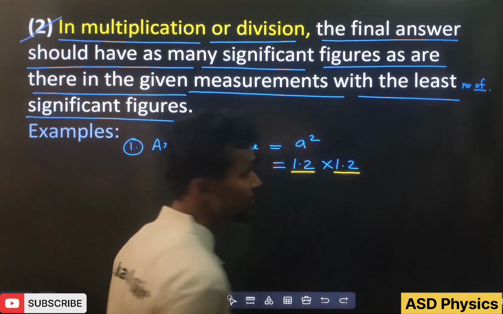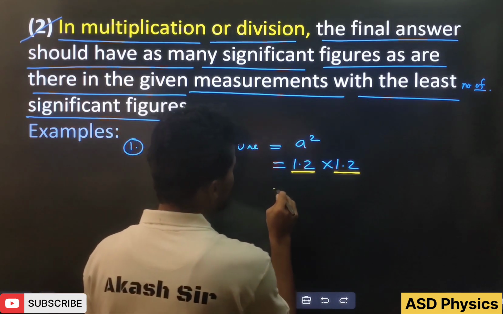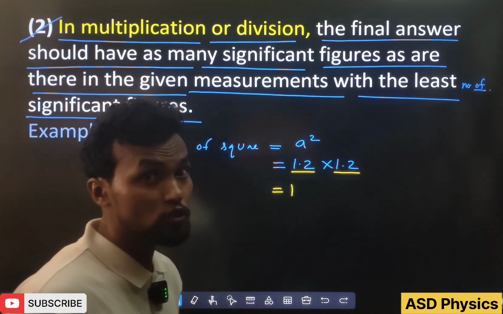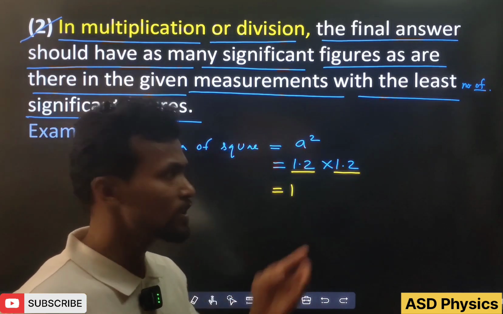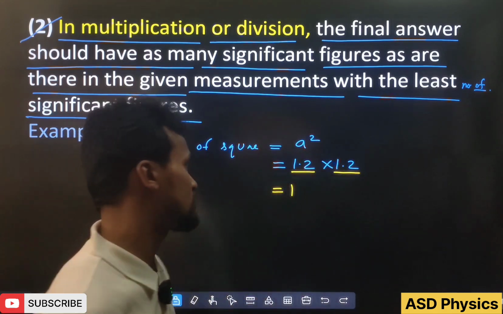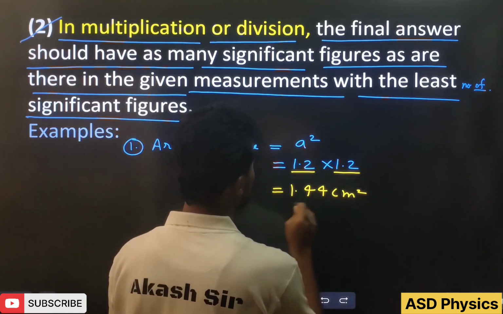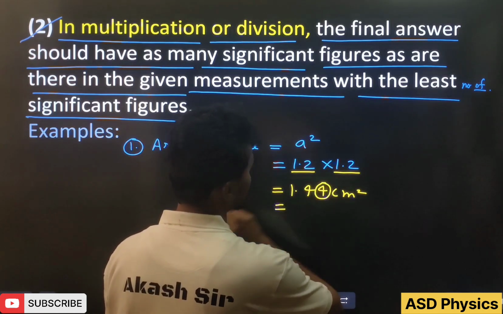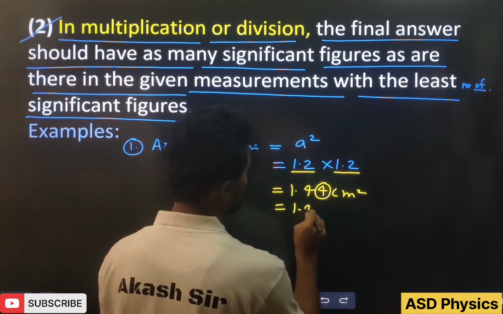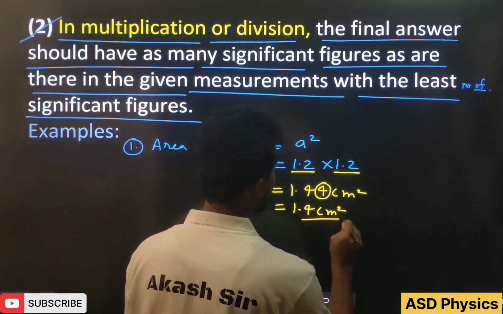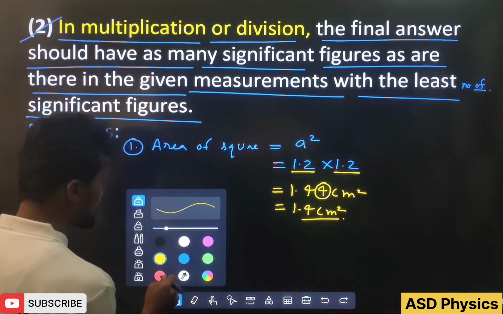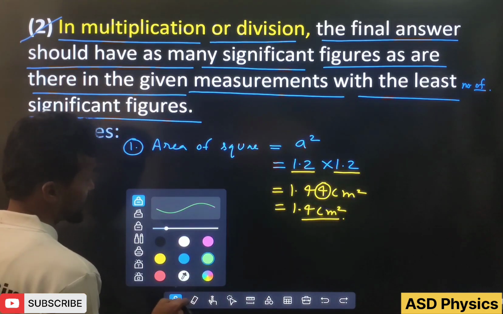Here also, 2. So in the final answer there should be only 2 significant figures, because both are equal, nothing is least. So the answer is 1.44 centimeter squared. But here you can see this is less than 5, so 1.4 centimeter squared will be the answer, because in both measurements there is an equal number of significant figures.